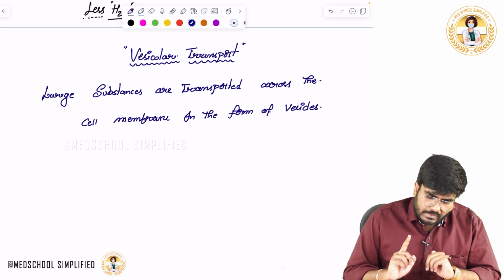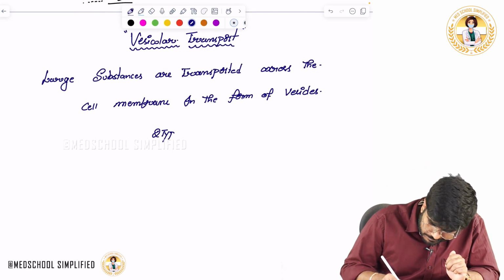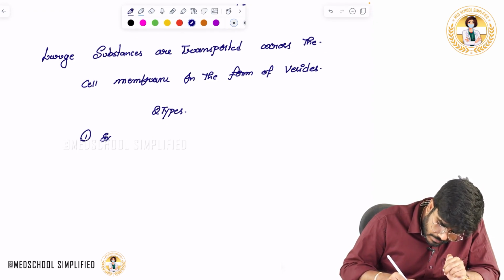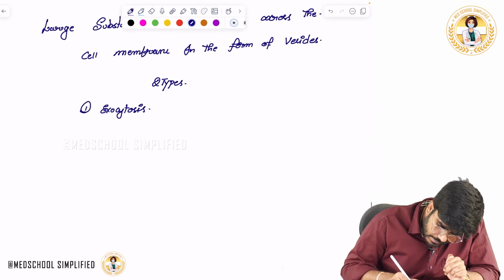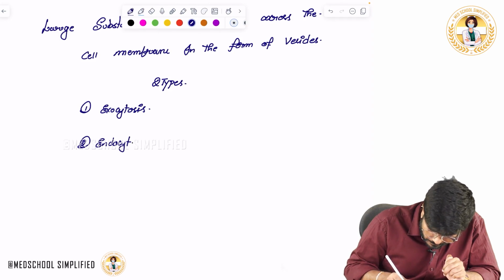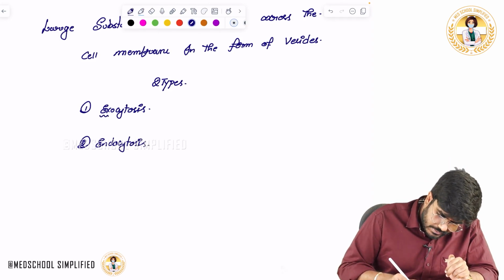There are two types of vesicular transport: exocytosis and endocytosis.